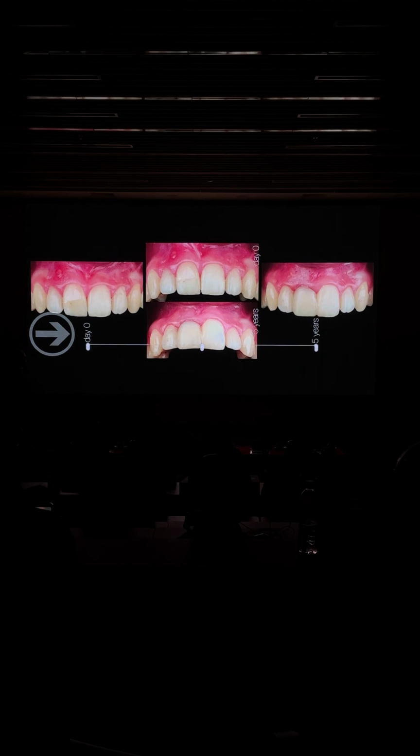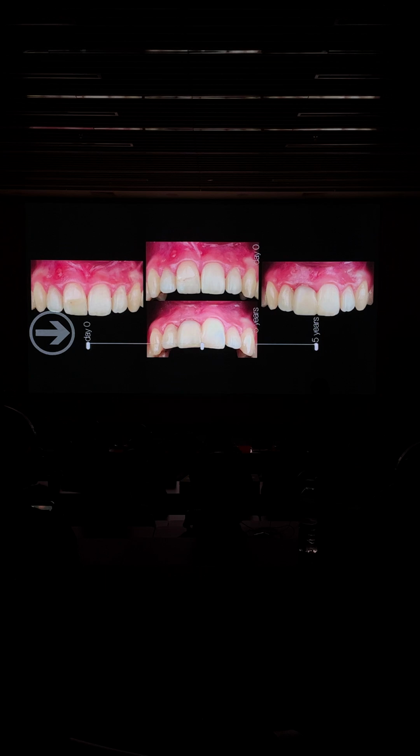And what I want is just to pay attention. We didn't have enough soft tissue, so we are just missing a lot of papilla. This is 2009 when she's 16 years old. This is day 0 of the socket preservation. This is 5 years down the road.